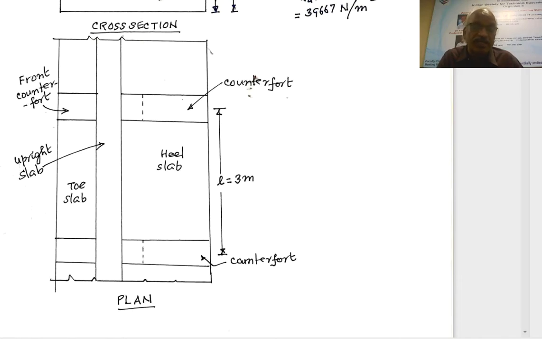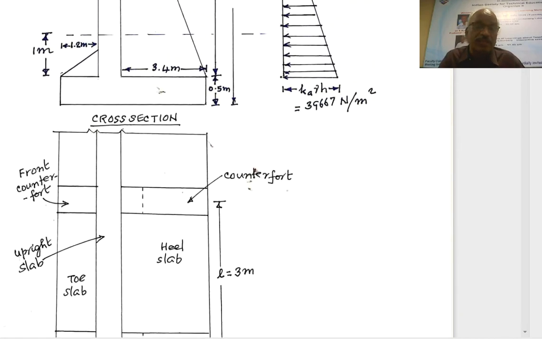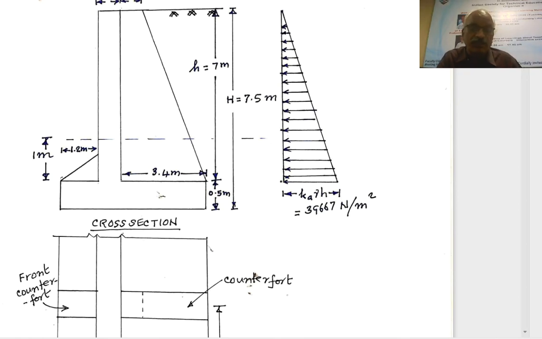On the right hand side we have the heel slab, on the other side we have the toe slab, and it is mentioned that the upright slab is supported by front counterforts. Therefore on the other side also we provide counterforts, and we have to design the height of the front counterforts. On the other side it will be up to the top, the main counterfort. How to design the front counterfort, we'll discuss.